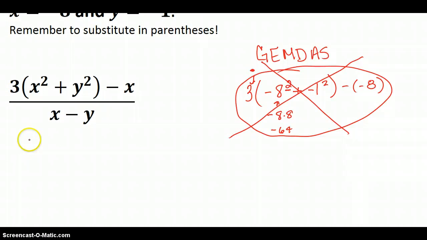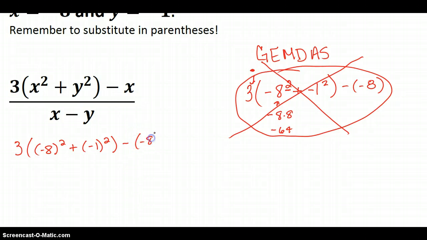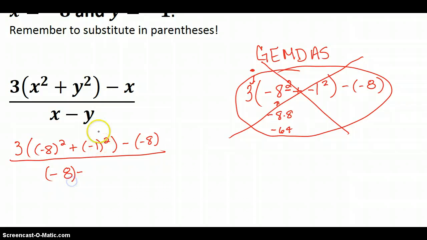Okay, so 3 times my x, which is -8 squared, plus my y, which is -1 squared, close off my parentheses, minus -8, all over -8 minus -1.